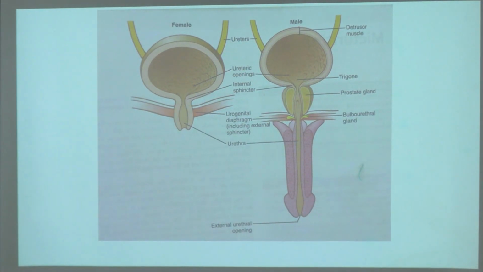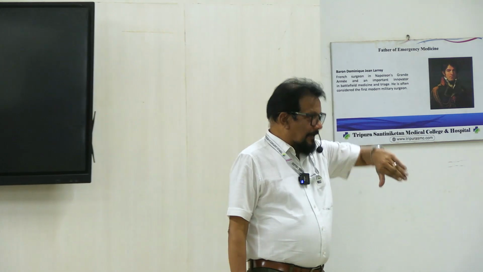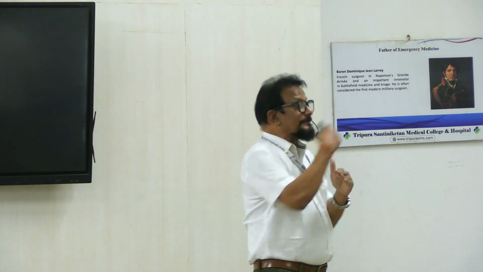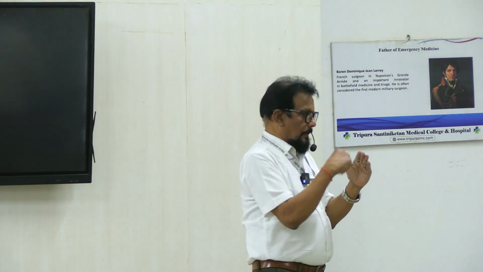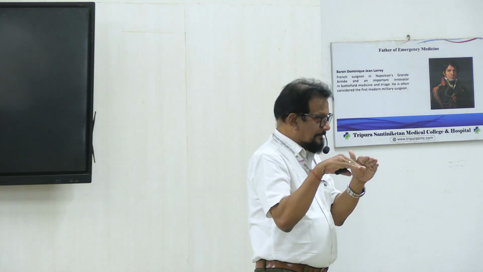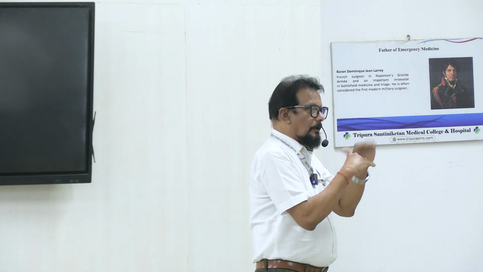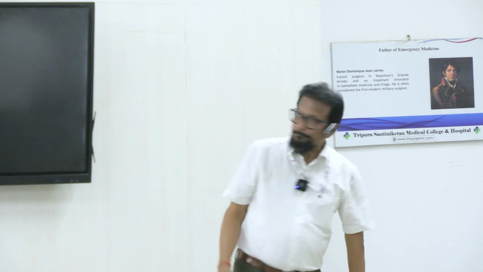The inner epithelium is made up of flat epithelial cells, and going from inside to outside, the first layer is flat and the second layer is what? Cuboidal type. Then the muscular coat.